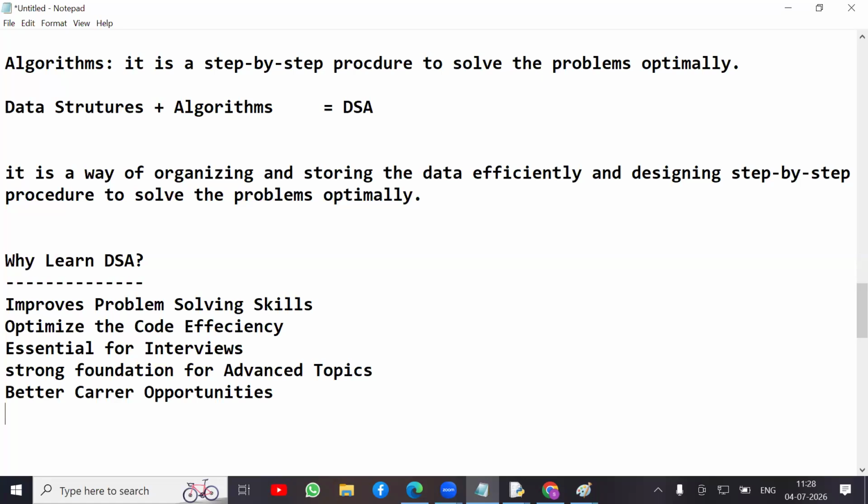Different data structures are there, like arrays, lists, linked lists, stacks, queues, hash tables, dictionaries, trees, graphs. In our day-to-day life activity, we are using these algorithms and data structures.